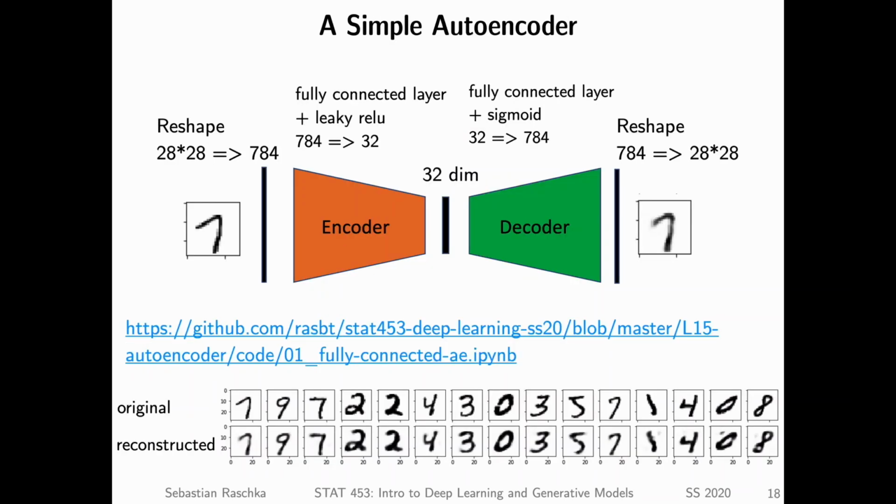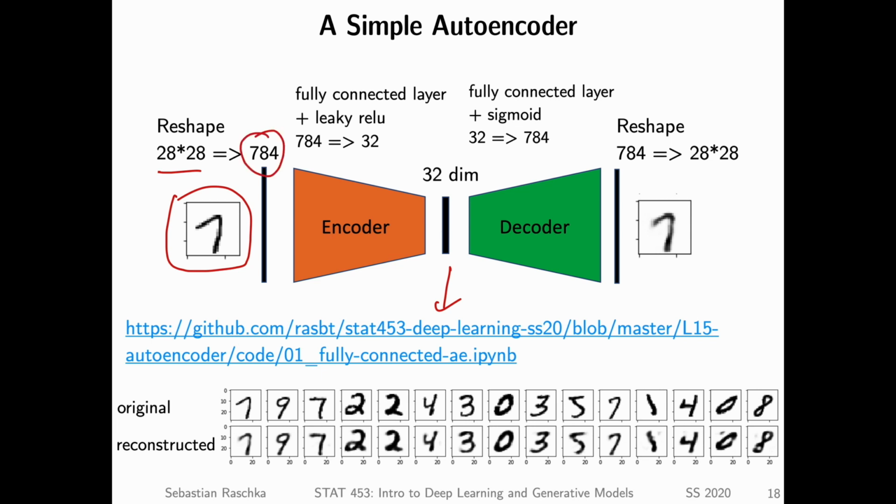So here I have a sketch of a very simple autoencoder that I implemented in code. At the end of the lecture, we will take a look at the code example that I uploaded to the class GitHub repository. But let's just briefly talk about what's going on in that figure. I took MNIST images, which are 28 times 28, and I reshaped them into long vectors, 784-dimensional vectors.